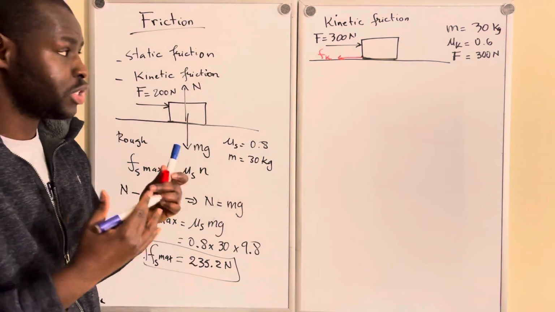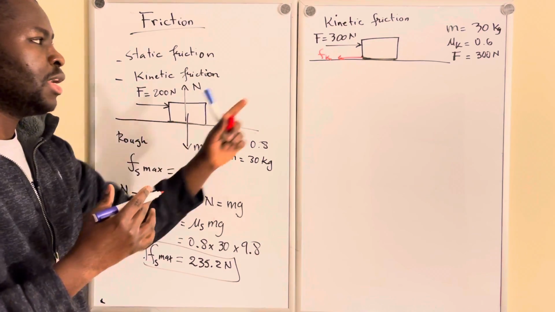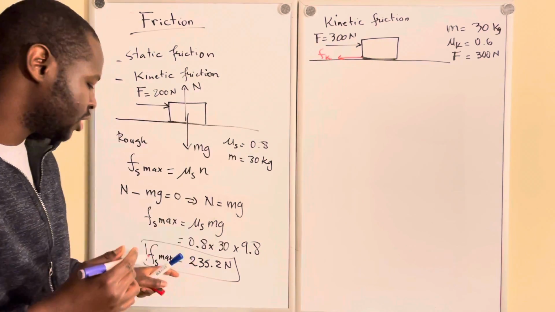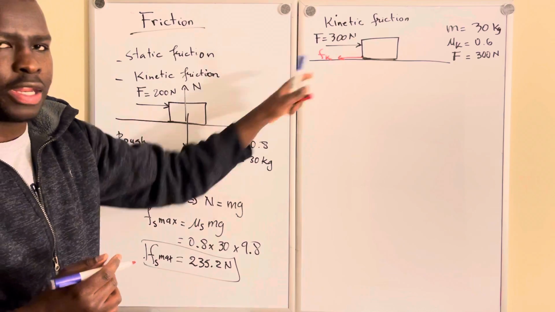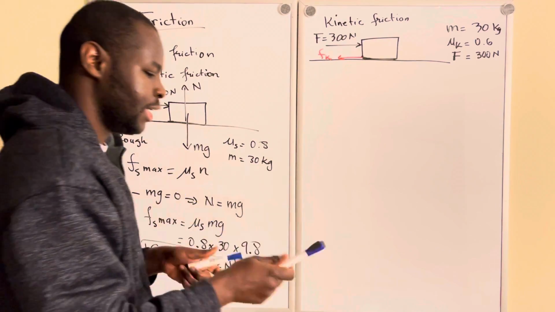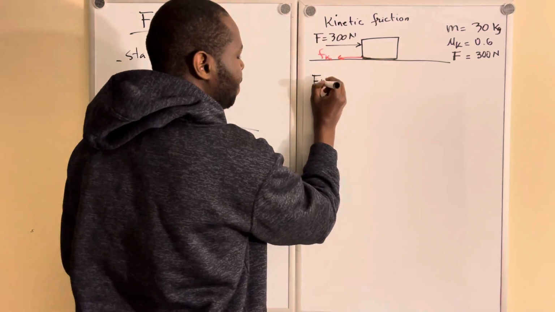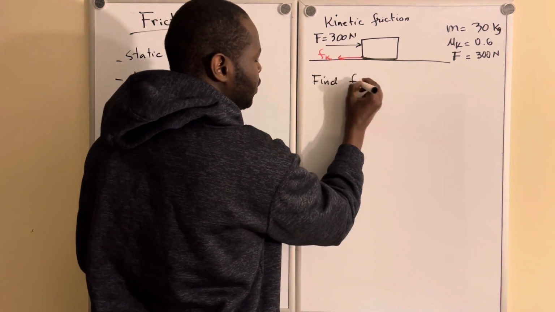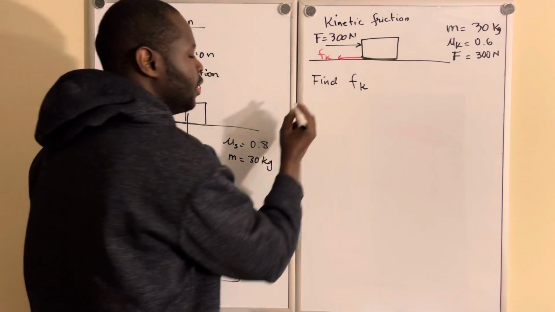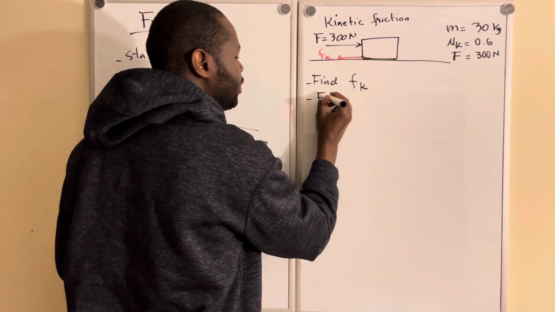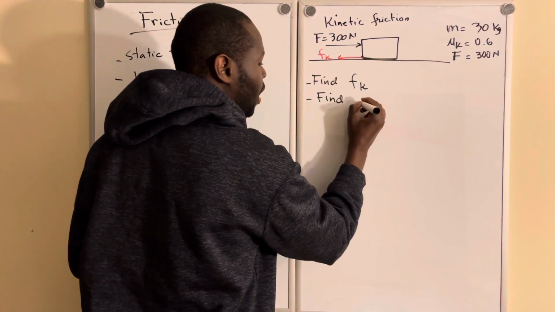Since we're dealing with motion, the box is moving this time, so the static friction is replaced with kinetic friction. Now the question is, we need to find the kinetic friction and then also find the acceleration of the box.